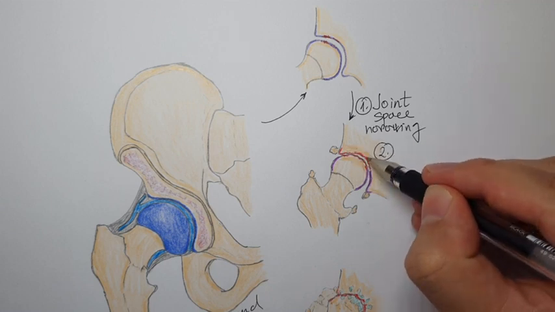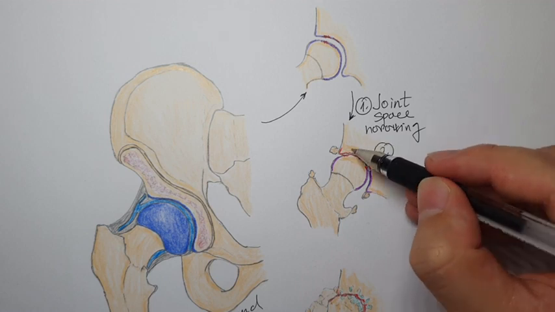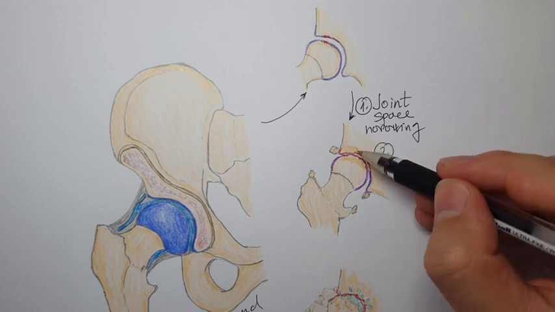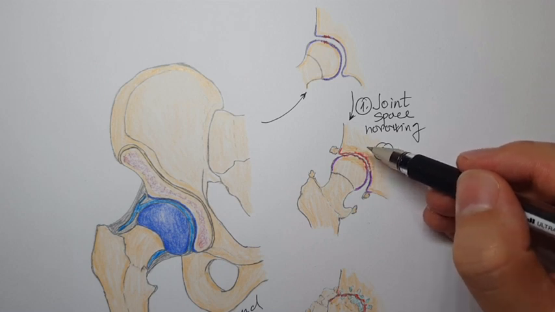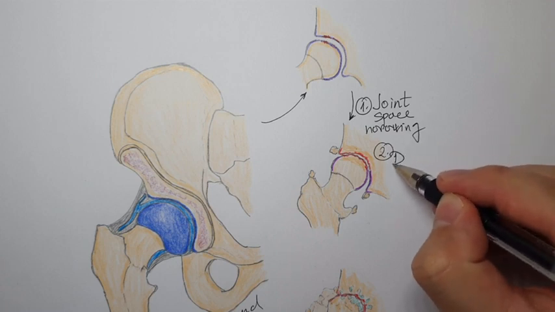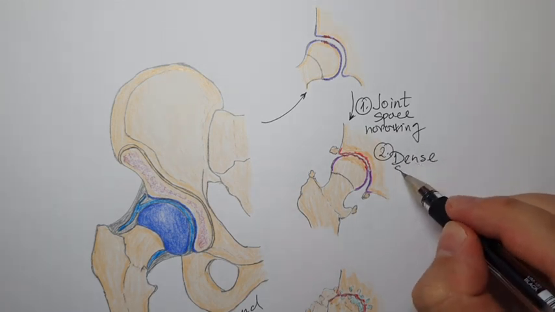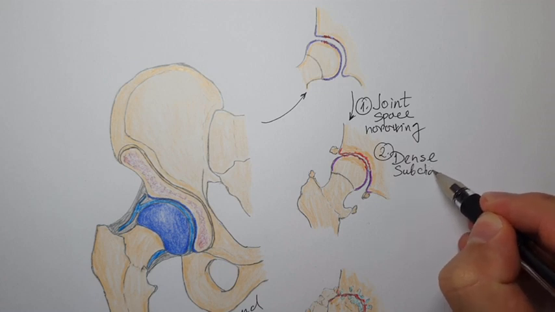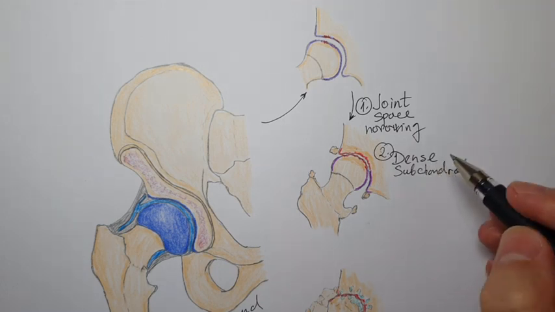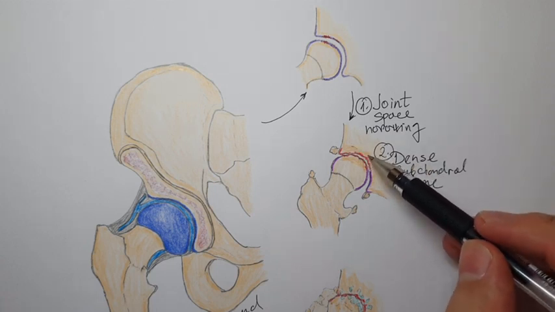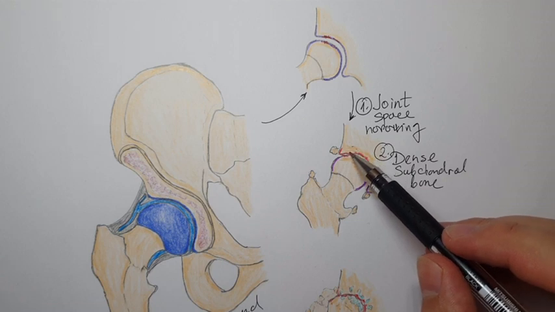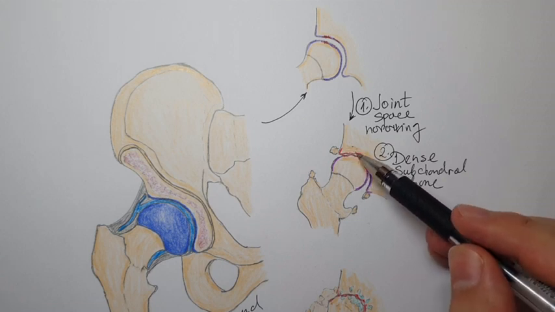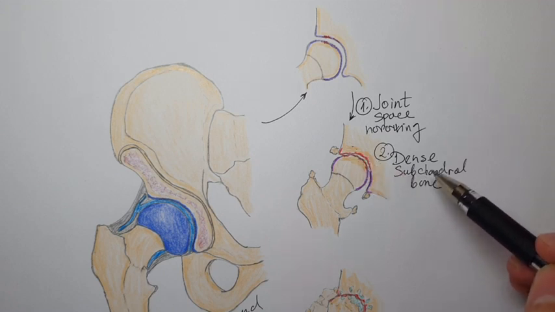This bone that was underneath the destroyed cartilage, and now only bone is there, is called subchondral bone, meaning under cartilage. It gets thickened and becomes dense, because now the bone is rubbing against bone, the pressure is on the bone, and it tries to shield itself by getting thicker.